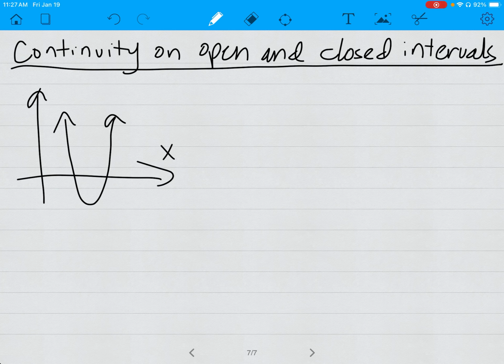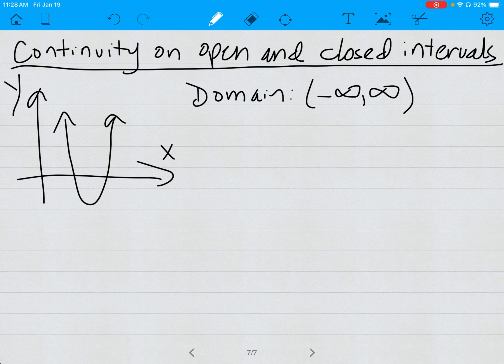This function is defined for x values, if I'm thinking about the domain of the function, it's defined for all x values from negative infinity to infinity. But when I'm writing this in interval notation, and there's a review of this in your text in a little sidebar box, in interval notation, we would put open parentheses around these endpoints.